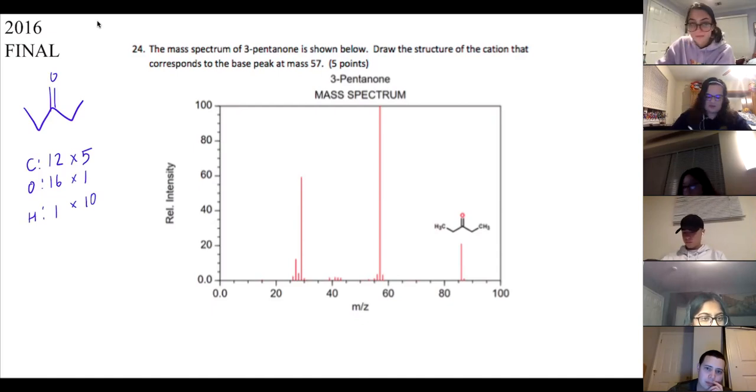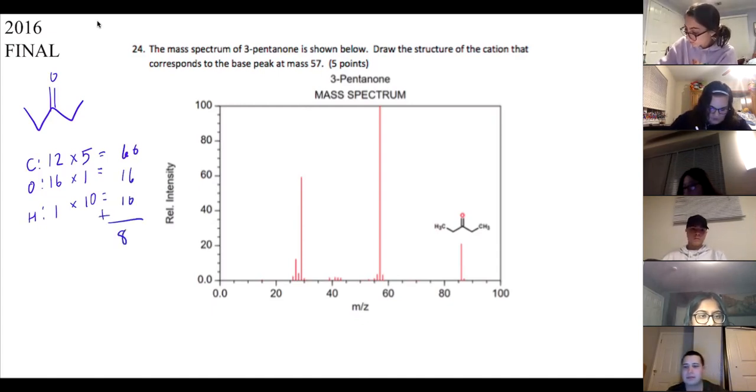So mass spec is really just math. 60, 16, and 10. Add those up, you get 86.